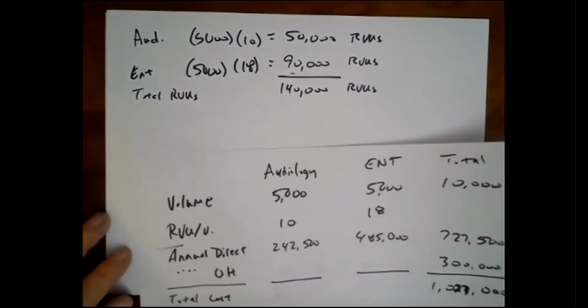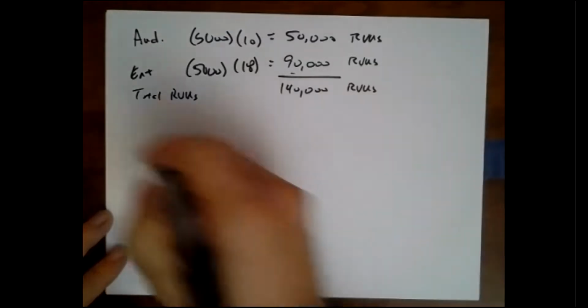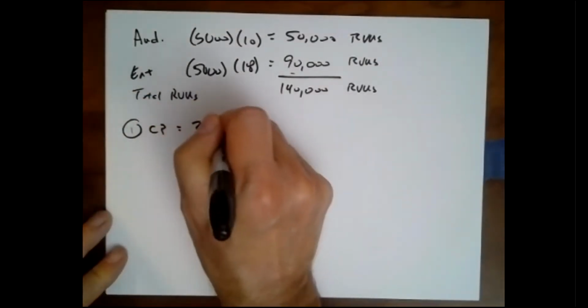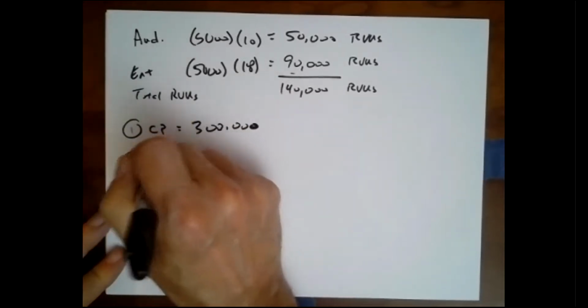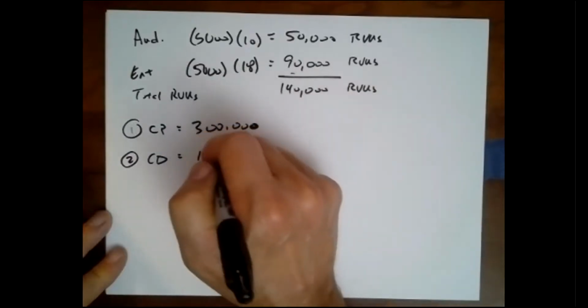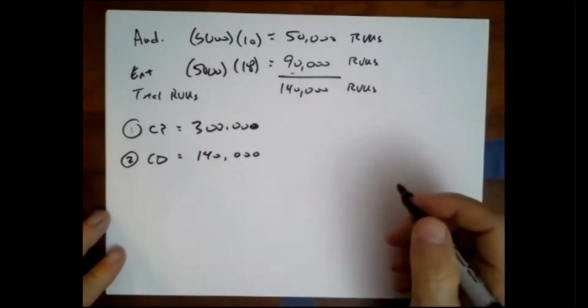So now we can do our 4-step method again. Step 1, cost pool. Cost pool is still 300,000. Step 2, cost driver. Cost driver is going to be total annual RVUs, that's 140.